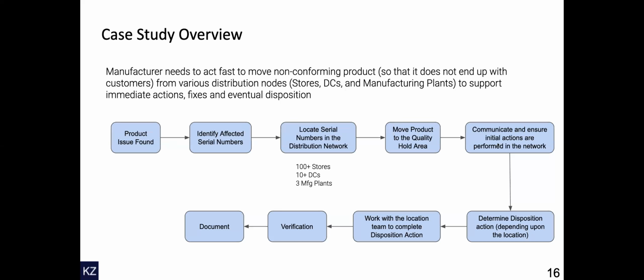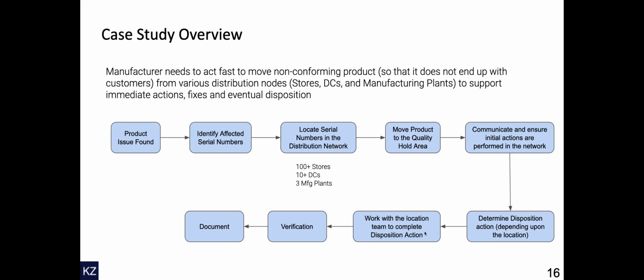And once the initial actions are finished, depending upon the state of the product in all of these locations, they might decide what is the correct action and the disposition. You can also fix it while it is still in the DC or in the factory, or even on the floor in the stores, right?